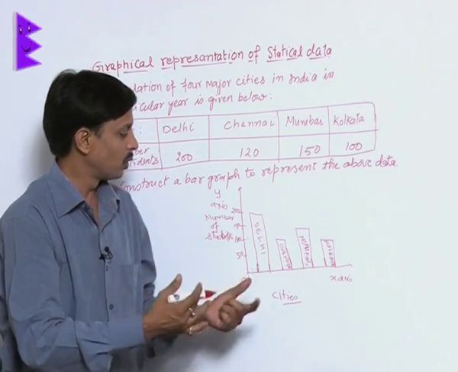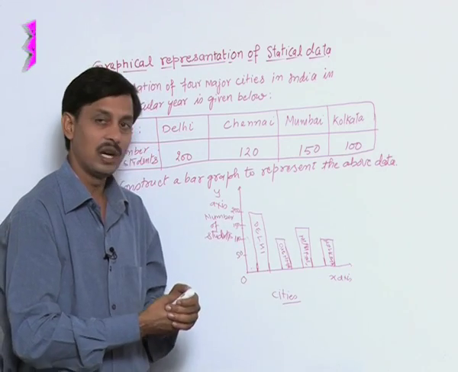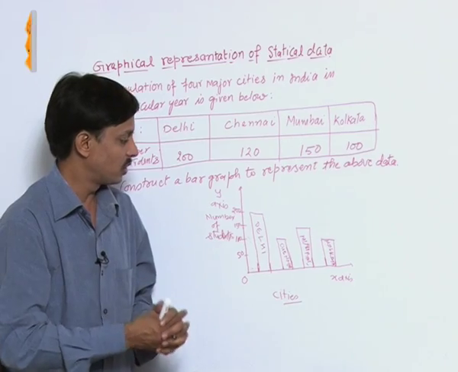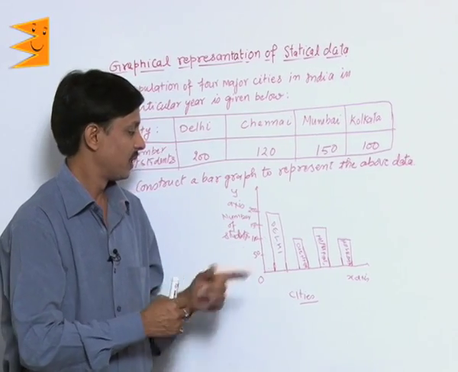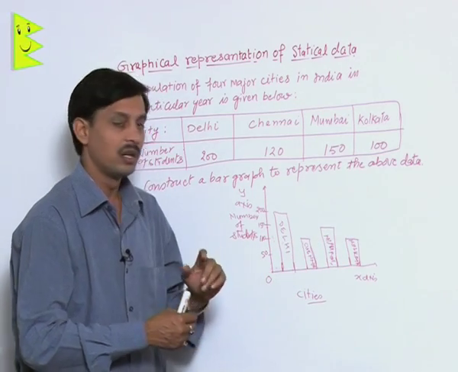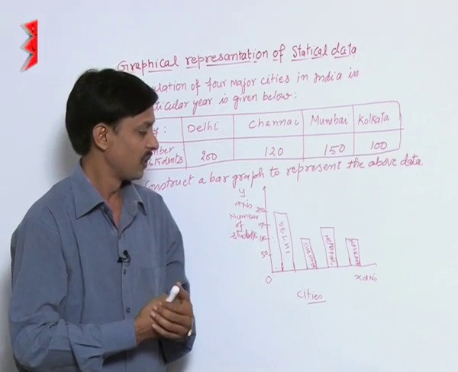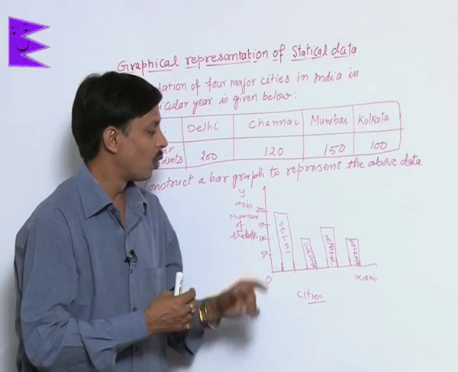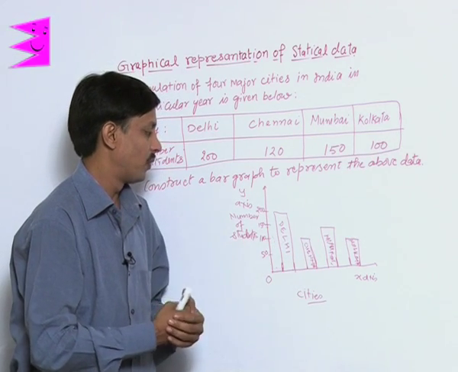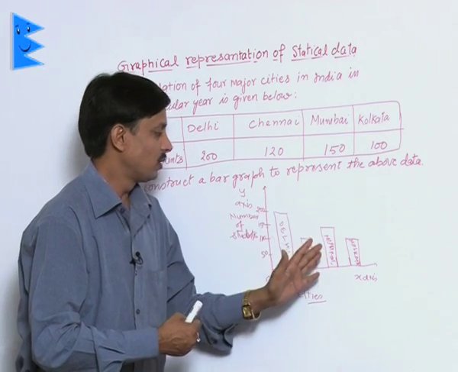If bars are given, then some questions can be asked from the bar graph. If I ask you a question, what is the difference of students between Delhi and Kolkata? In Delhi there are 200 and in Kolkata there are 100, so the difference is 100. How many students are more in Mumbai in comparison to Chennai? Mumbai's bar is up to 150, Chennai's bar is up to 120, so 30 more students in Mumbai.